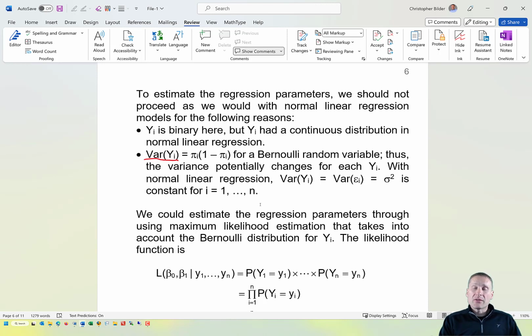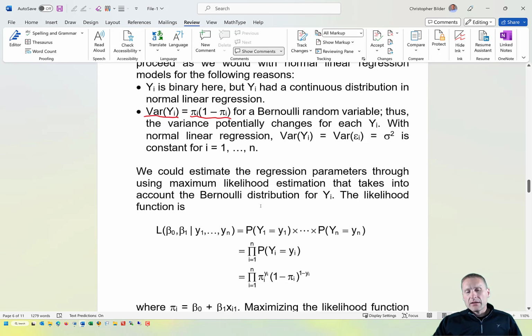Here, based upon what we've learned for a Bernoulli distribution, this variance is actually pi sub i times 1 minus pi sub i. And so we can see that the variance changes depending upon what pi is. With a normal linear regression model, you just had one variance, sigma squared. That was it, one parameter to worry about.